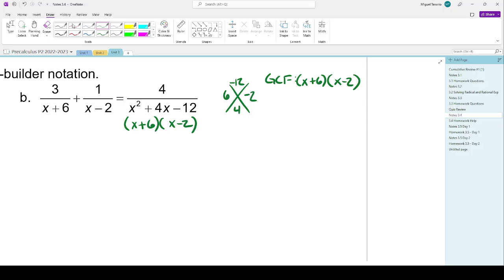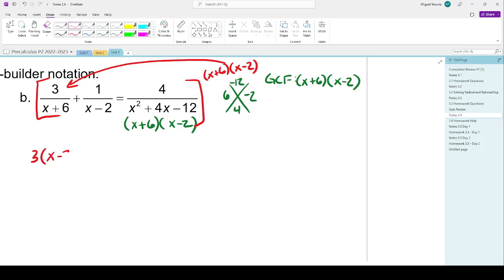So when I multiply everything by this GCF, I'm going to give both of those terms to everything. Now, this is the part where I said, if you understand now what's happening, this is where that shortcut comes into play. When I multiply the 3 by this, the x plus 6 cancels, it reduces, so you're left with x minus 2 being multiplied to 3.